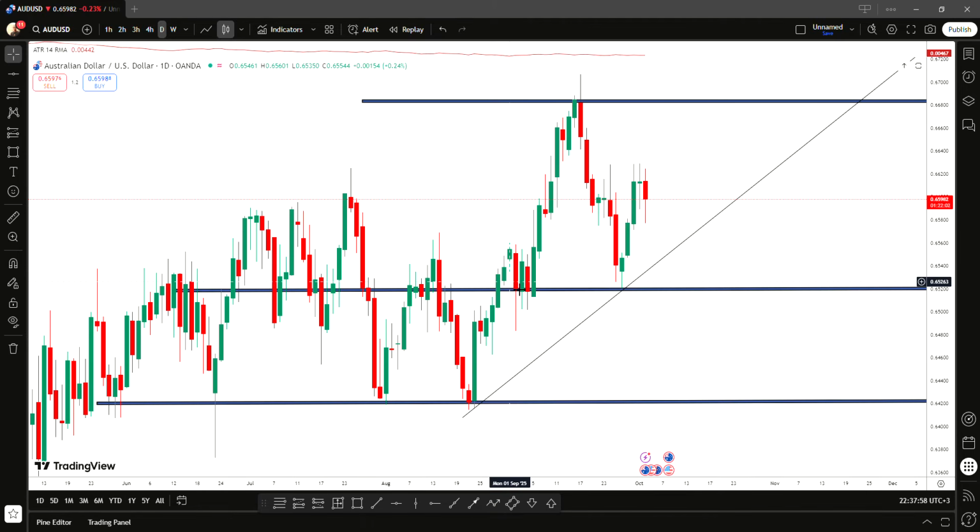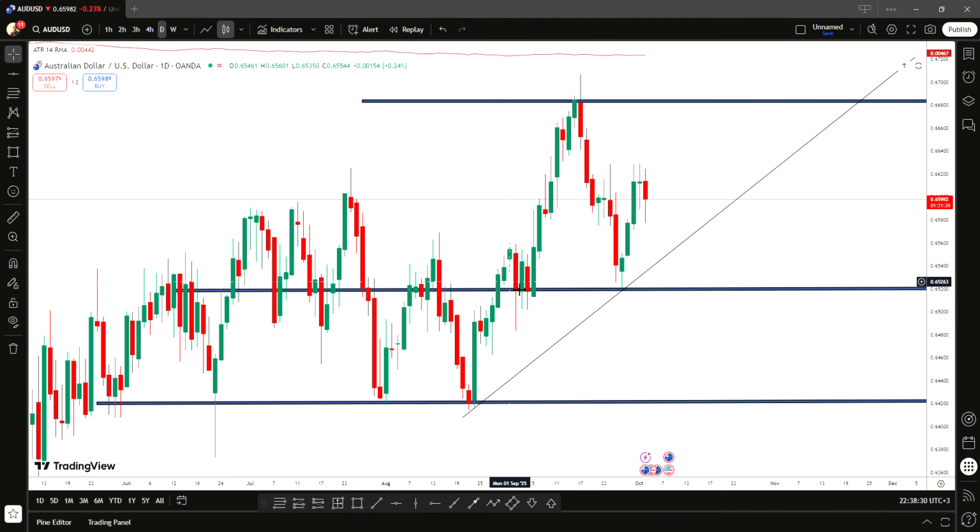We can have a hammer, like this time it gave us a bullish hammer. We can have a pin bar, a doji, a dragonfly, anything to do with an indecision candle, as long as it happens at an area of support or resistance. That is our confirmation that the price is most likely to change its direction, because if price is supposed to head to the downside, it is just going to continue through the downside.